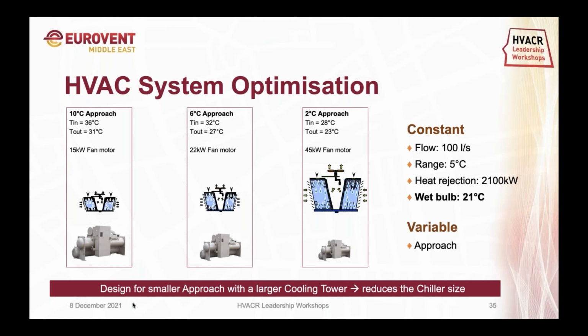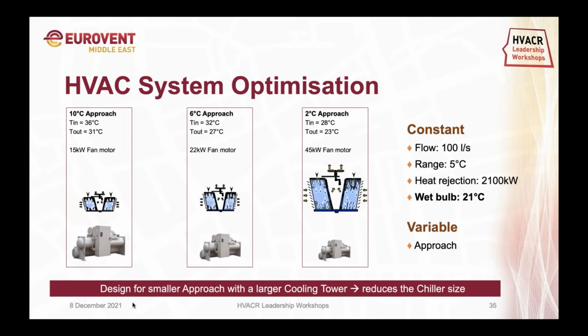If we take the example on the left hand side, it shows a higher approach of 10 degrees centigrade, which would mean that we require a smaller cooling tower but a bigger chiller. But when we move towards the right hand side, where we have the approach of 2 degrees centigrade, we see a bigger cooling tower, but the main advantage is that the chiller size is reduced drastically.